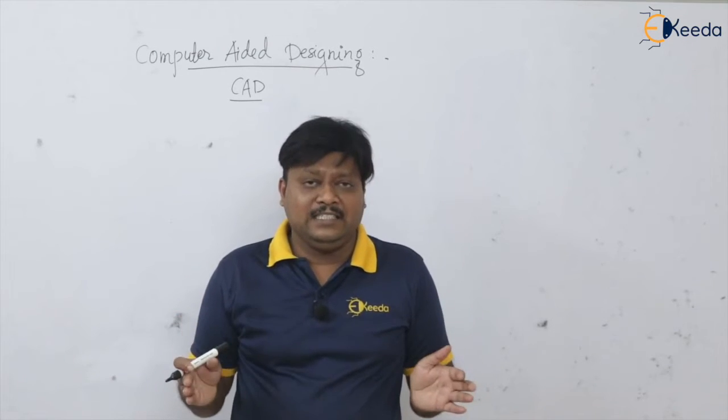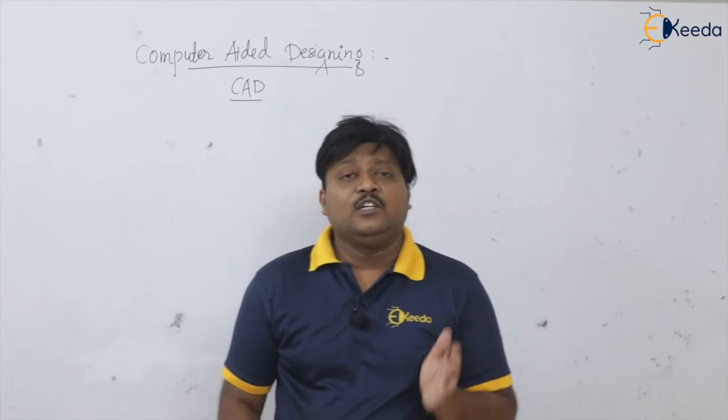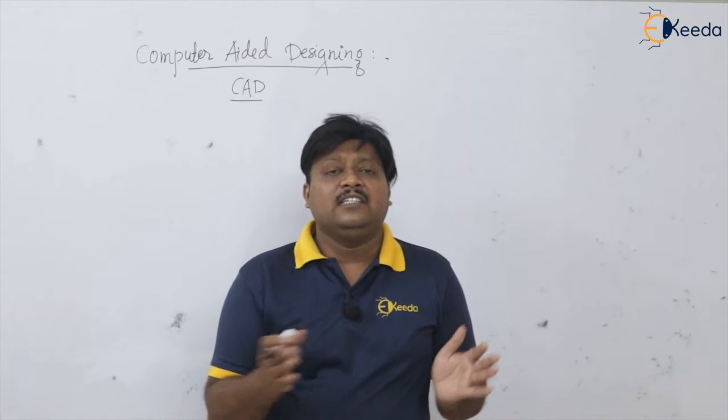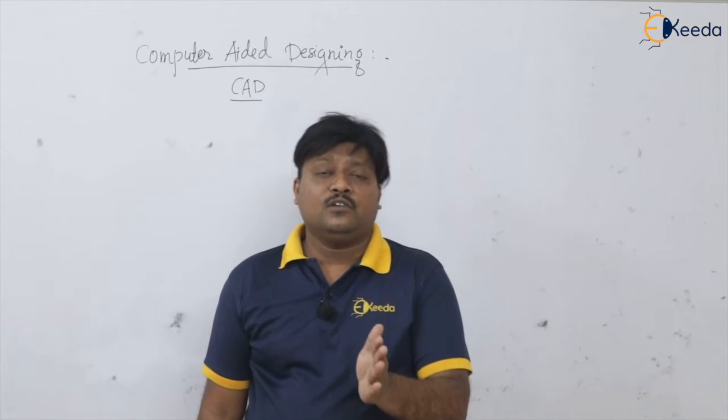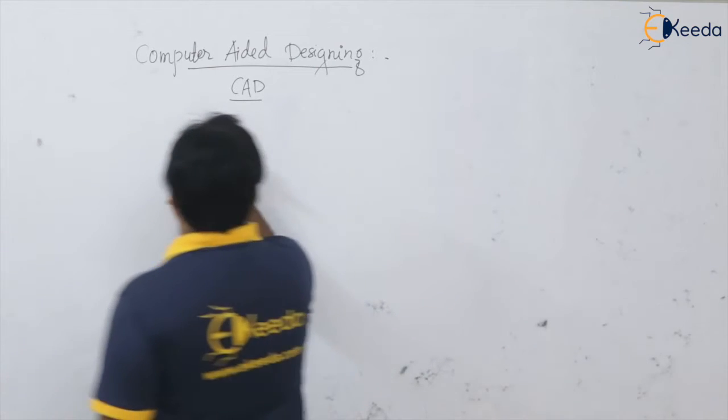So in this CAD system, this involves the use of the computer to create the drawing, designing and the geometric models of the component or the parts. So what is CAD actually?